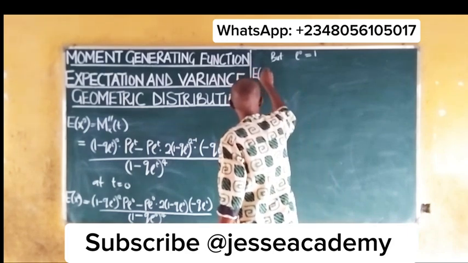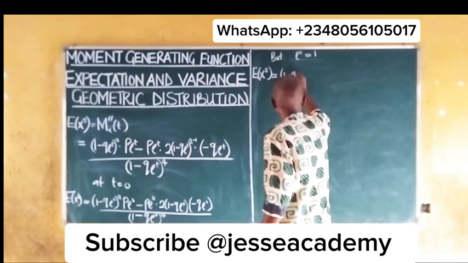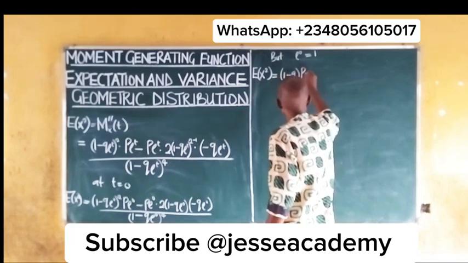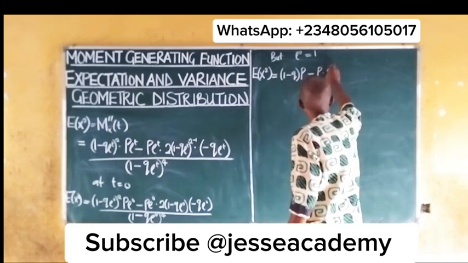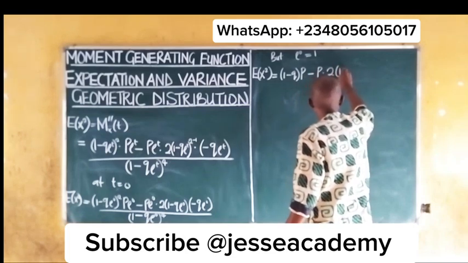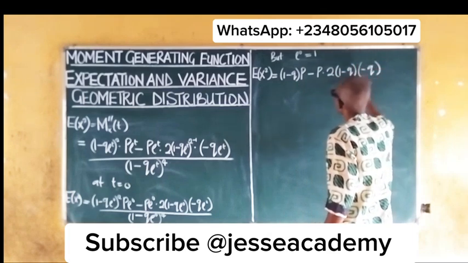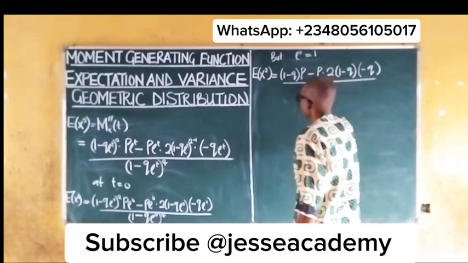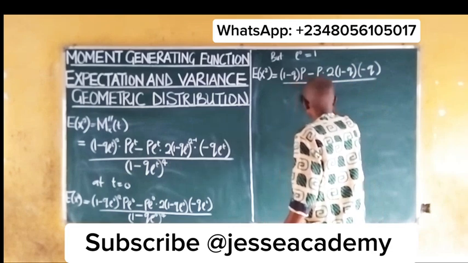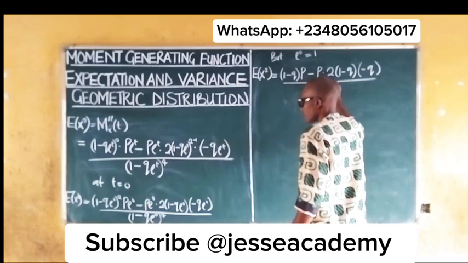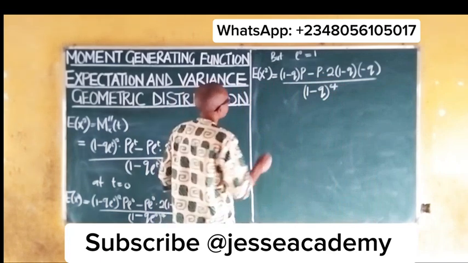So our expected value of x squared will now be equal to (1 minus q) multiplied by p minus p multiplied by 2 times (1 minus q) multiplied by minus q, all over (1 minus q) raised to the power of 4. So this is what we get.